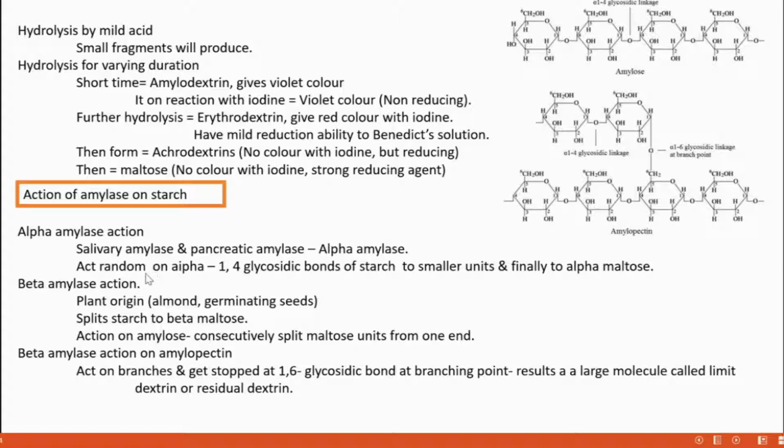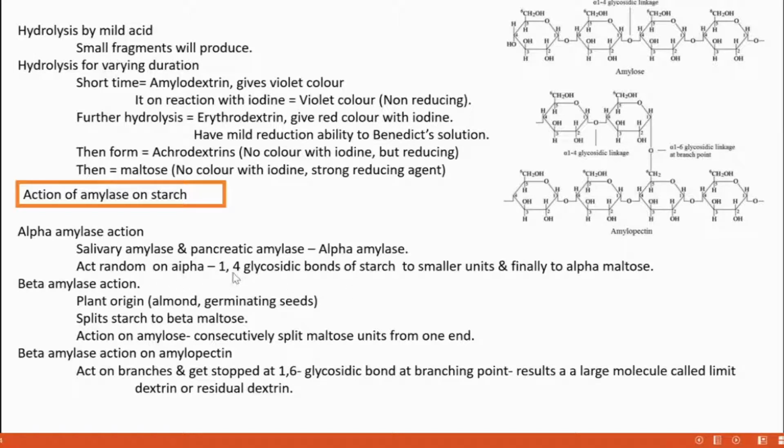How or where does this alpha amylase act on starch? Sorry, this alpha amylase acts on the 1,4 glycosidic bonds of starch in random positions, not in any definite position.